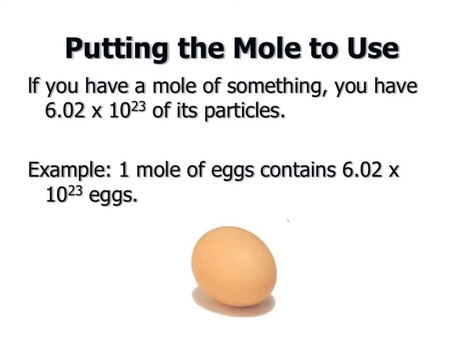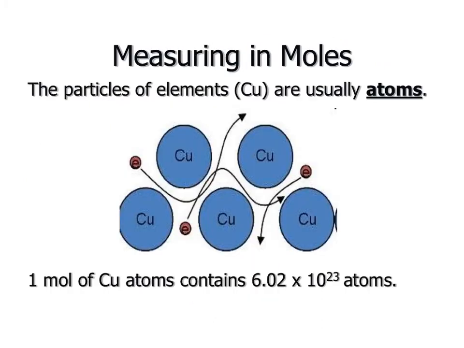Okay? Eggs, however, are not a good thing to count with moles. You'd never be able to use a mole of eggs. I don't think you could even accumulate a mole of eggs at the same time before they all go bad. So a dozen is a much better counting unit for eggs, whereas the mole is a much better counting unit for atoms, or molecules.